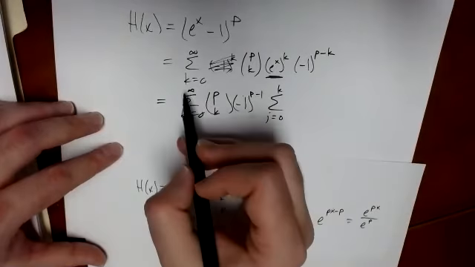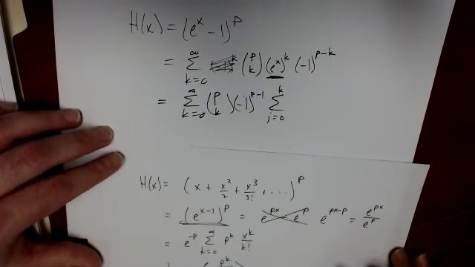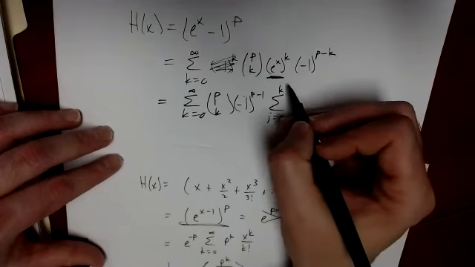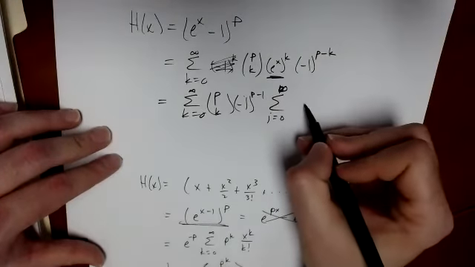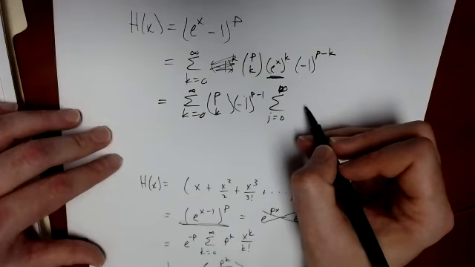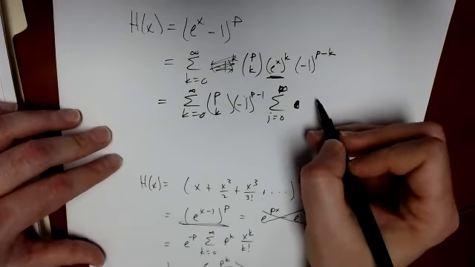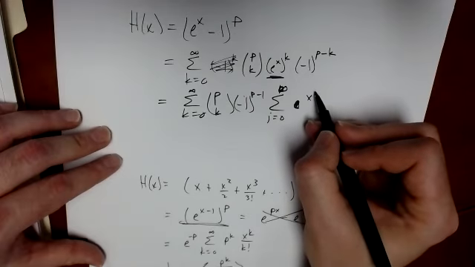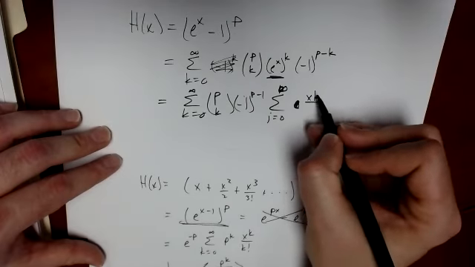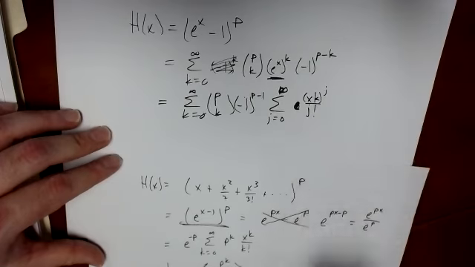I can actually stop this guy here. Not, sorry, j goes from 0 to infinity. e to the kx is the sum of (kx)^j over j factorial.